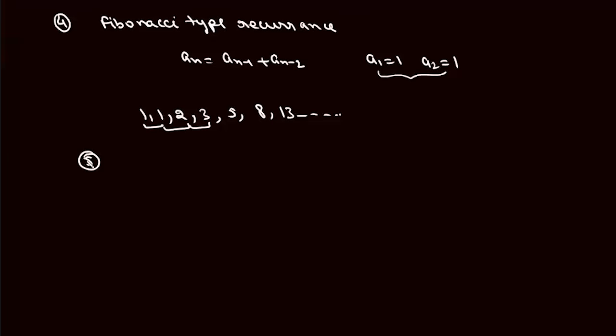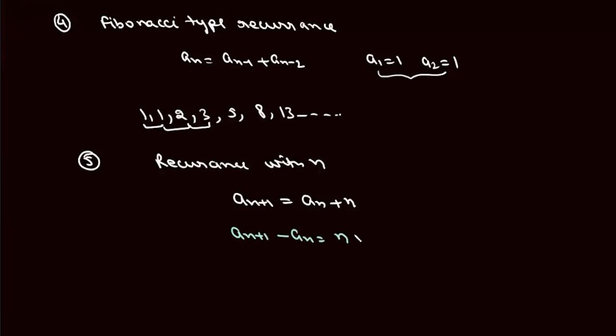Then we have this fifth type where we'll have recurrence with n. It'll be of the form a_(n+1) equal to a_n plus n. Now in this sequence, differences are not constant, but they're natural numbers. So basically it'll become a series whose first differences are constant.